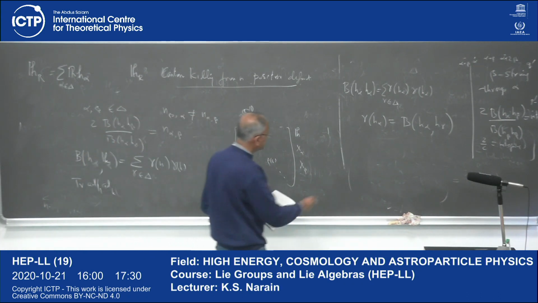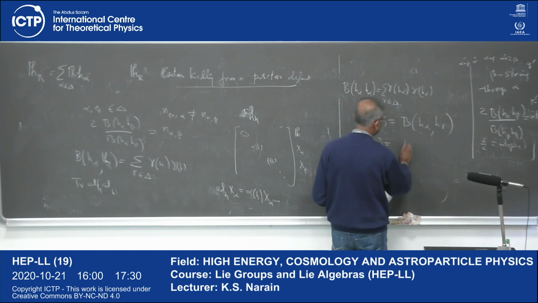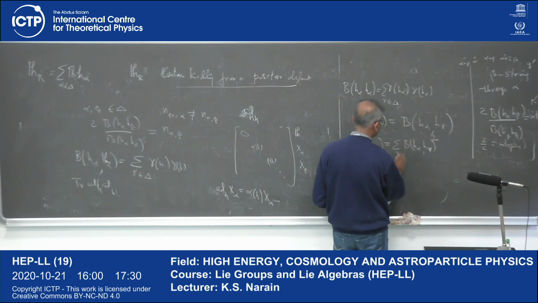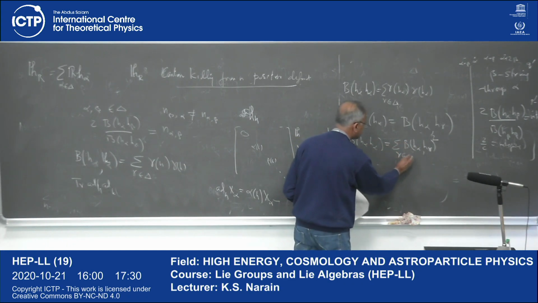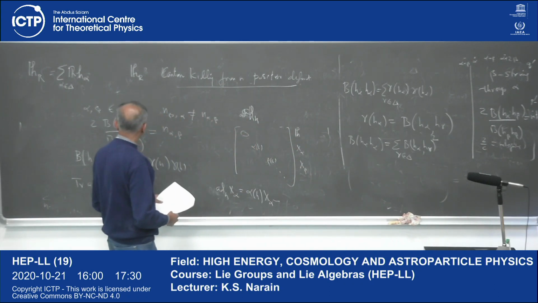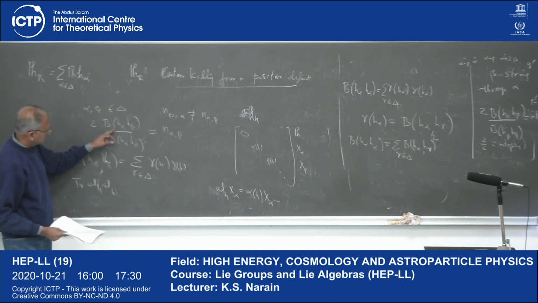So substituting that here, we see that B(h alpha, h alpha) is equal to B(h alpha, h gamma) squared, summed over gamma belonging to the roots. Okay. Now let us use this formula, but just put beta equal to gamma.